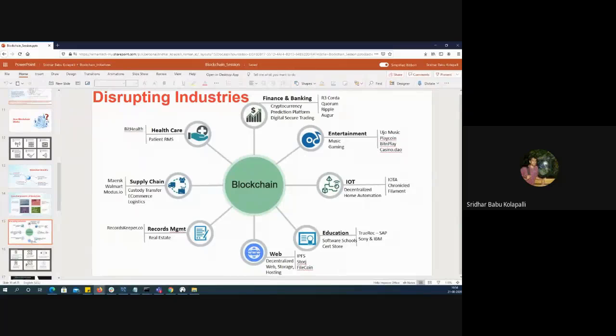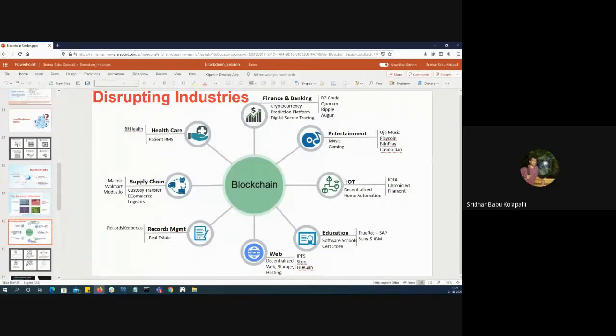So let me move on to the next vertical, which is supply chain. There are great examples in supply chain. Among the early adopters of blockchain technology, take Walmart, or take the logistics company Maersk, from Europe, right? They have leveraged blockchain to reduce the waiting time in delivering products.